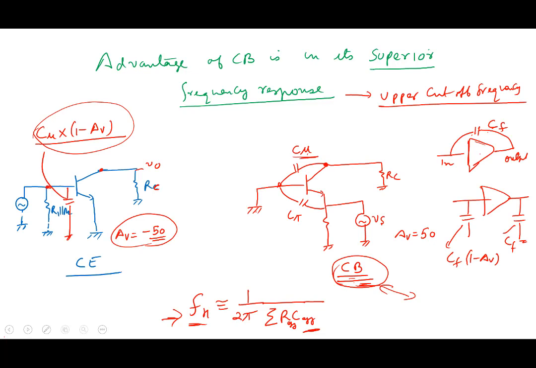Okay? So that's the advantage of your common base. There's no Miller's multiplication in common base. It gives you a superior frequency response, and note that it gives you a gain also. It gives you AV equal to minus gmRC.